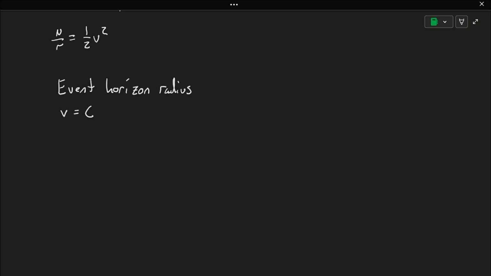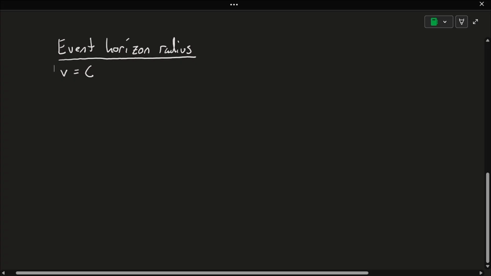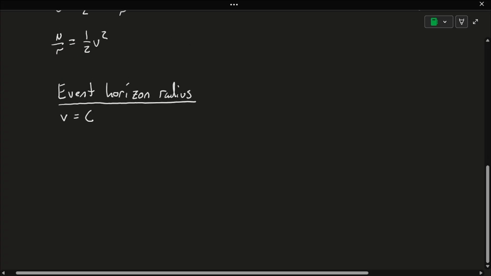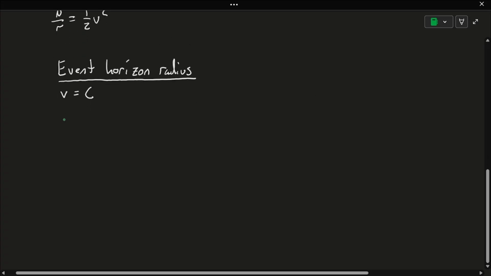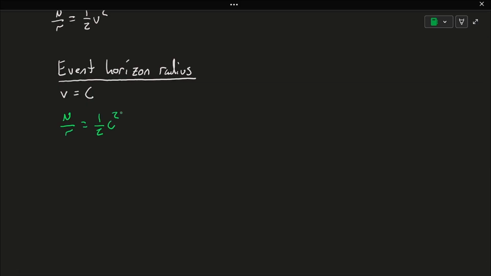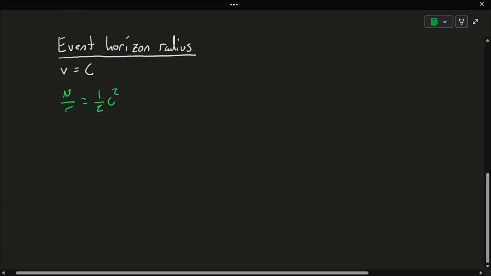So what we can do then is say, okay, plugging this into our escape velocity equation up here, we know mu divided by r equals 1/2 c squared. Kind of cool, right? So doing a little bit of rearranging of this, we can solve for r.